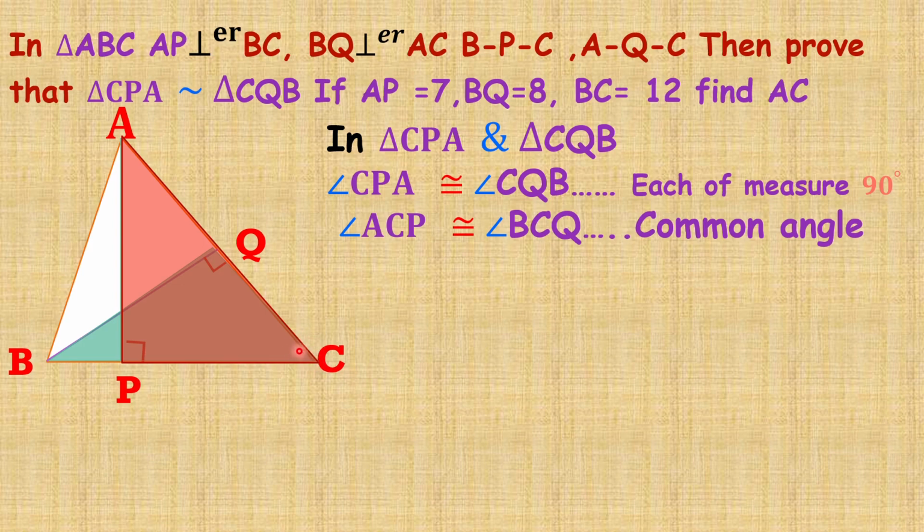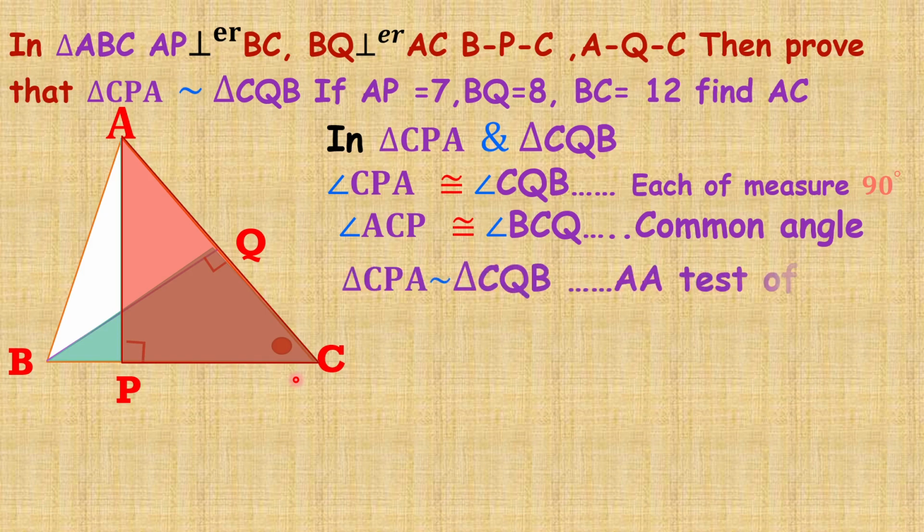Here, angle C is common. That means angle ACP is congruent to angle BCQ because these two angles are the common angle. Therefore, these two triangles are similar by a test of similarity.